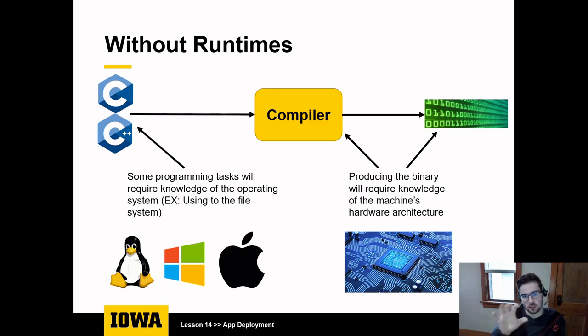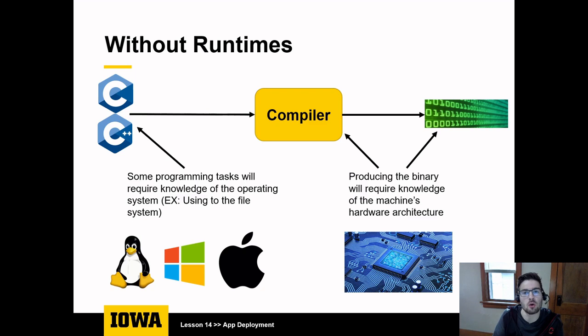But the challenge in this environment is that the compiler needs to know the machine's hardware architecture in order to produce the binary in the correct format. Some various computer architectures might be the x86 architecture, or 64-bit architecture, or ARM, which is a newer architecture.